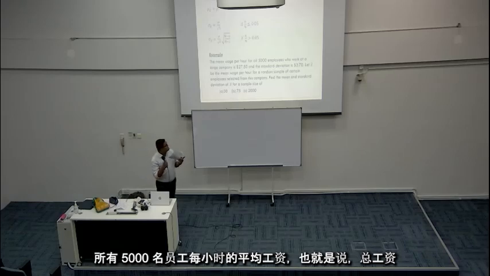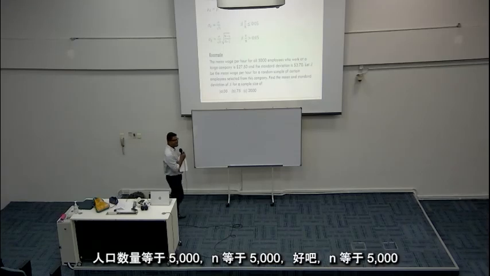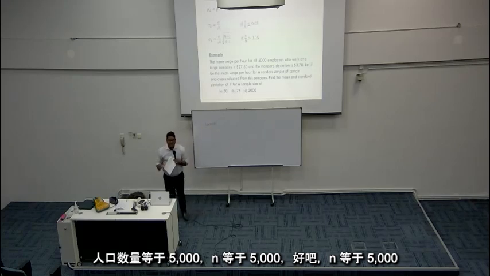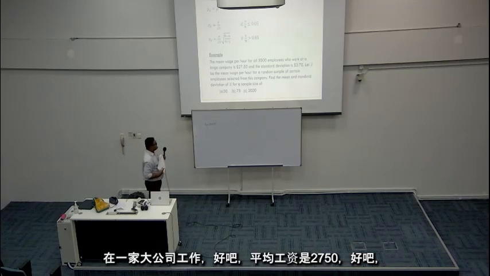Here, the mean wage per hour for all 5,000 employees. For all means that the total number of population, N, is equal to 5,000, who work at a large company.